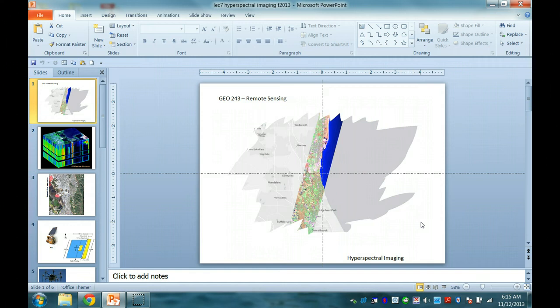We go to a model where we have, in effect, a continuous sensing of the spectrum from the UV at about 0.3 micrometers or 300 nanometers out to around 2500 nanometers or 2.5 micrometers, producing anywhere from dozens to hundreds of channels of data that are actually not discrete, they're continuous across the spectrum.